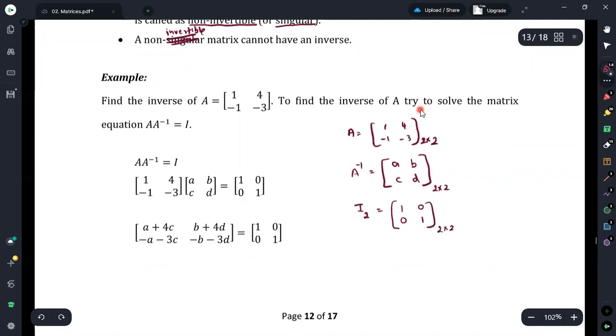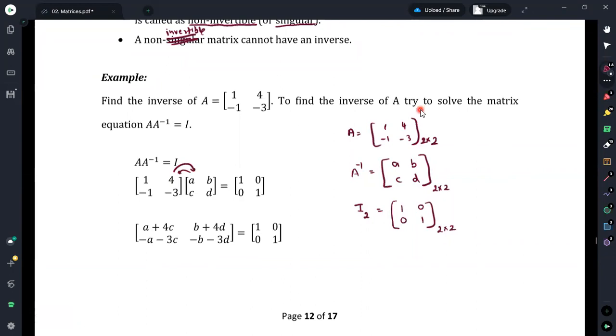This is how we are identifying A inverse and I_2. But still, we do not know the values of A inverse, so we have just used letters. Here I have written down the multiplication: A times A inverse equals I, or else if you need, you can interchange these two.